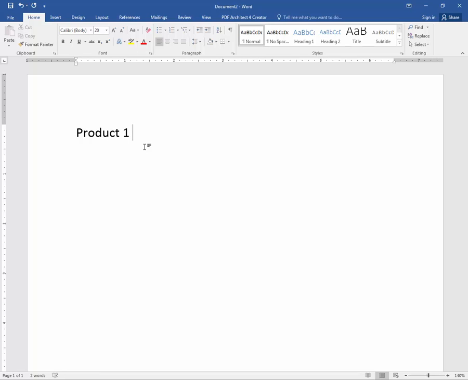Product 1 has to be less than or equal to 50% of all the other products. So 50% of all products, not including itself, produced.